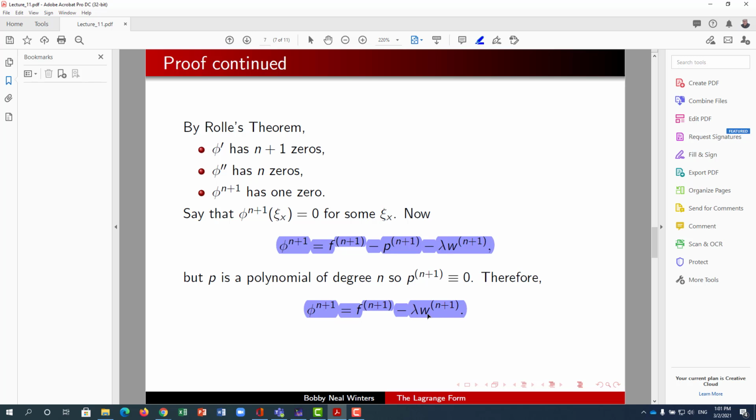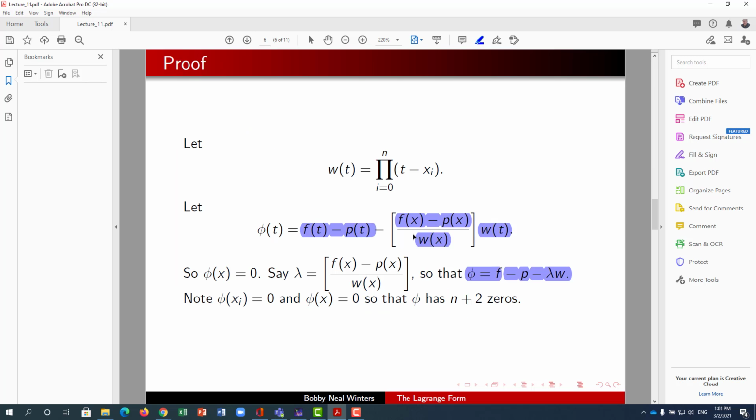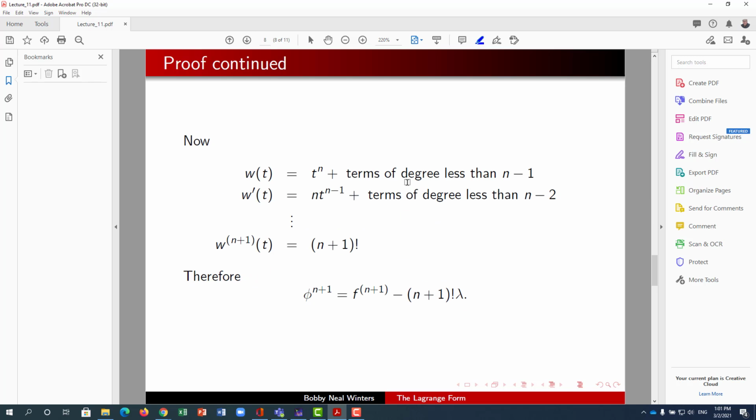Now, what about that w? Recall your w comes from here. It's not all that complicated a polynomial. It's a polynomial with n+1 t's in it. If you carry that out, you see your w of t is going to be t to the n+1 plus a bunch of polynomial terms, but none of the other terms has a degree bigger than n. You take its derivative, and all your powers of t go down.